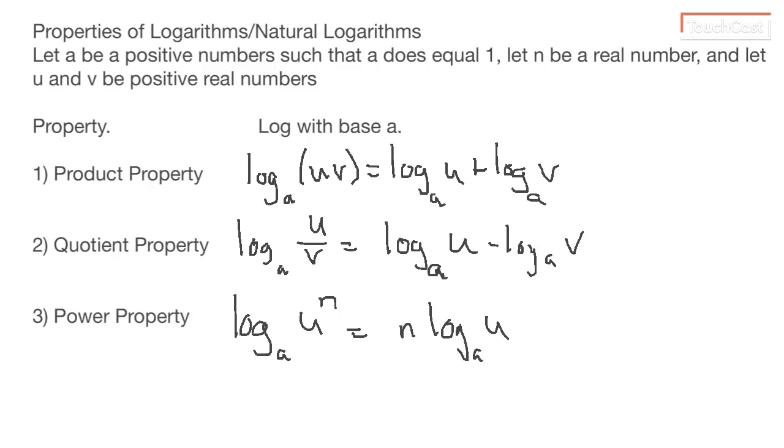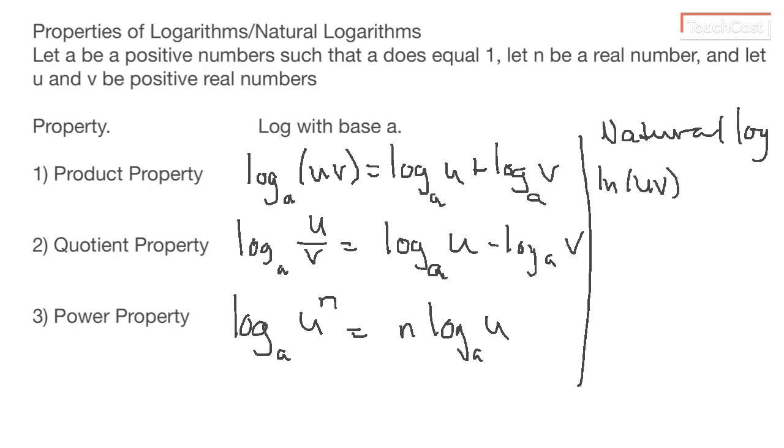Now for the natural log, all we would really do, I'm going to put a little divider, natural log, we replace the word log with ln. Natural log of u times v is the natural log of u plus the natural log of v.